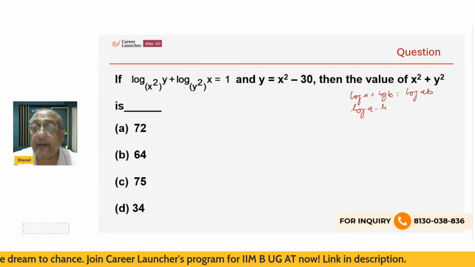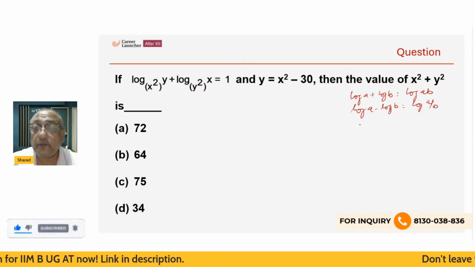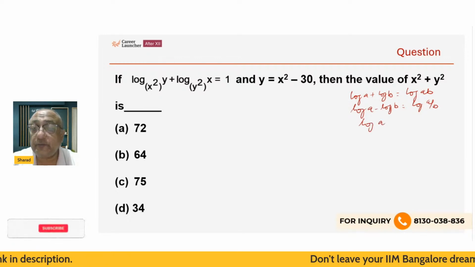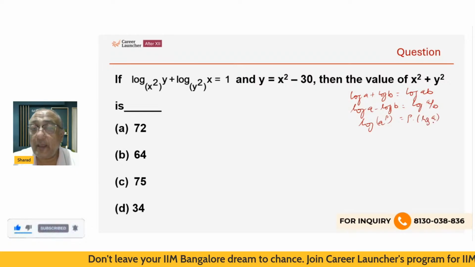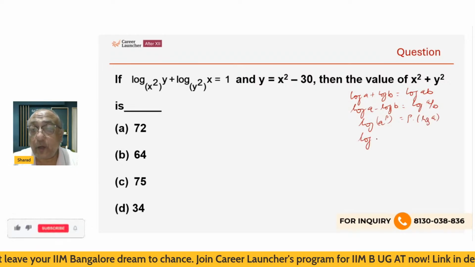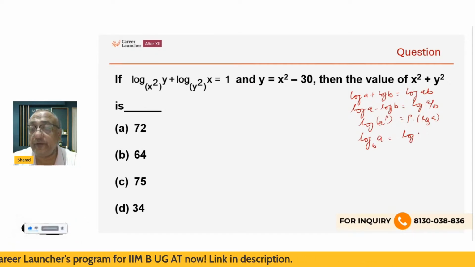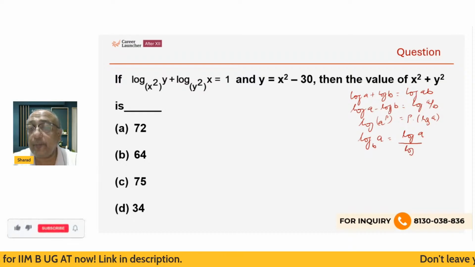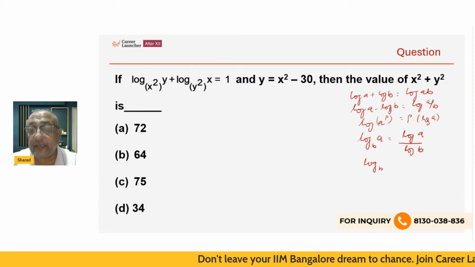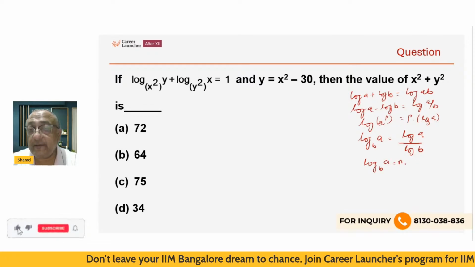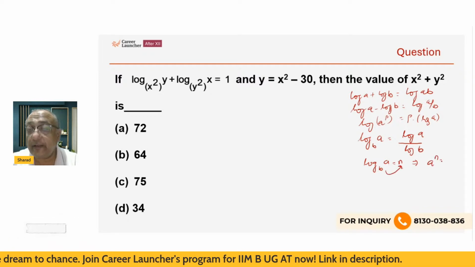Similarly, log A minus log B is going to be log of A by B. I have also told you that log of A raised to the power P will be equal to P times log of A. I have also told you that log with base B of A can be safely and very usefully written as log A upon log B. There can be a base of our choice, 10 is most of the time needed. Log with base a of b equal to n can be written as a raised to power n is equal to b.